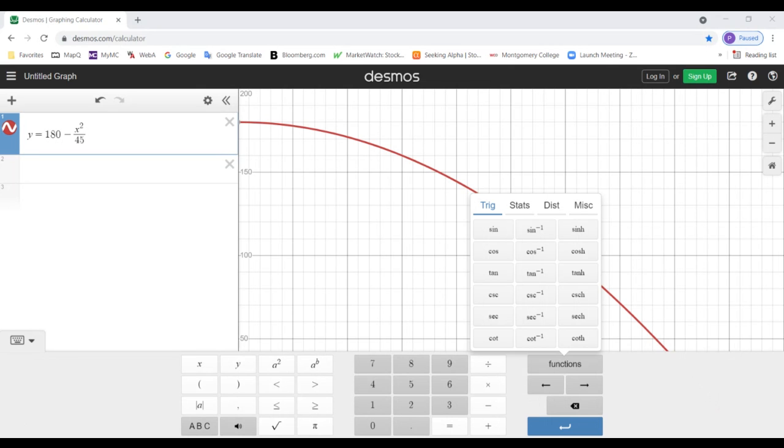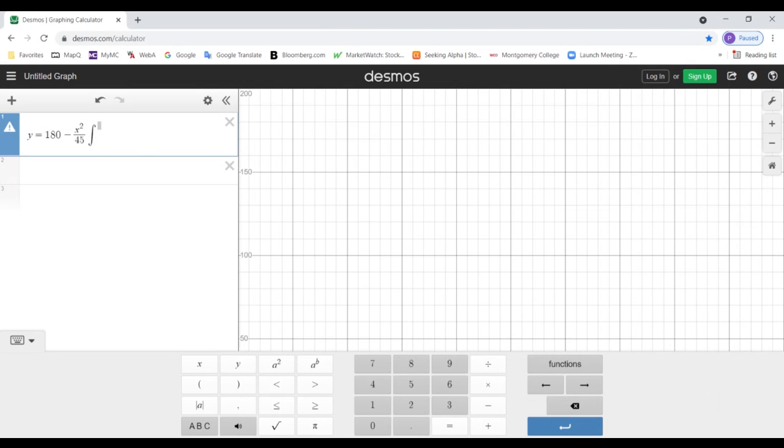If you go over to miscellaneous, it has all these different kinds of features, and one of them is the integral. At the bottom left, there's an integral sign. So Desmos can do a definite integral.